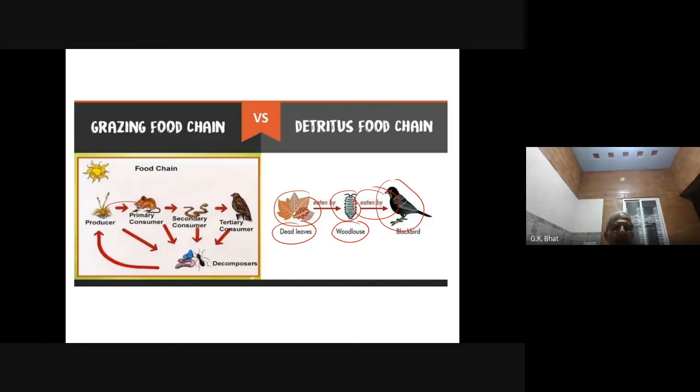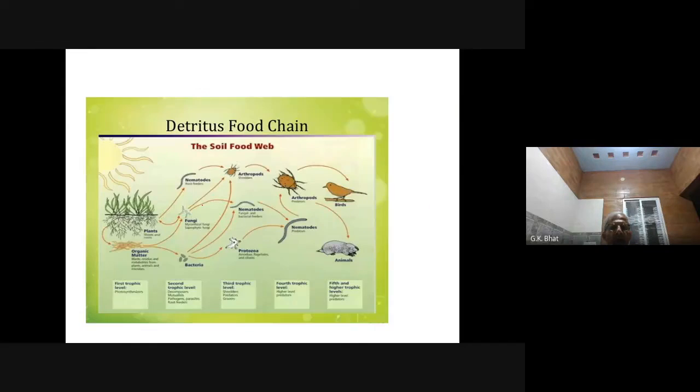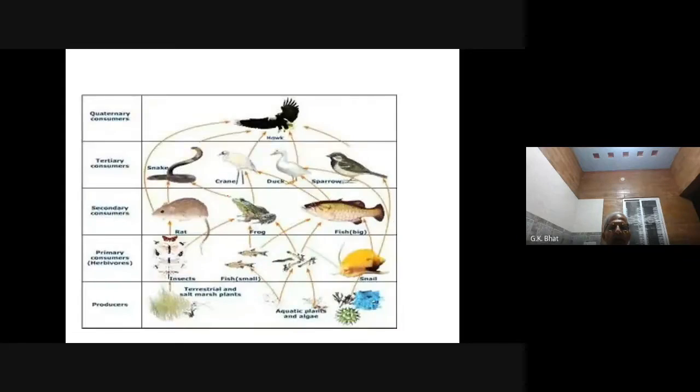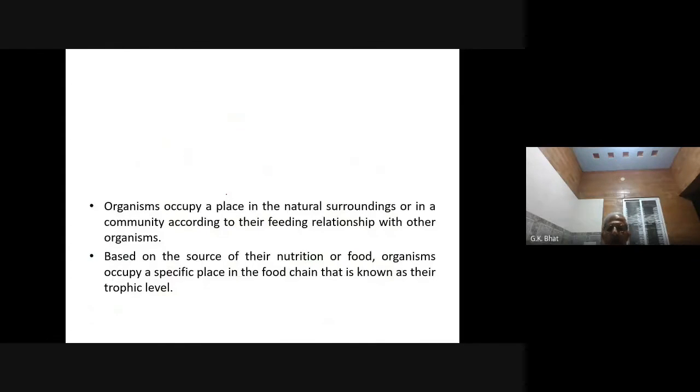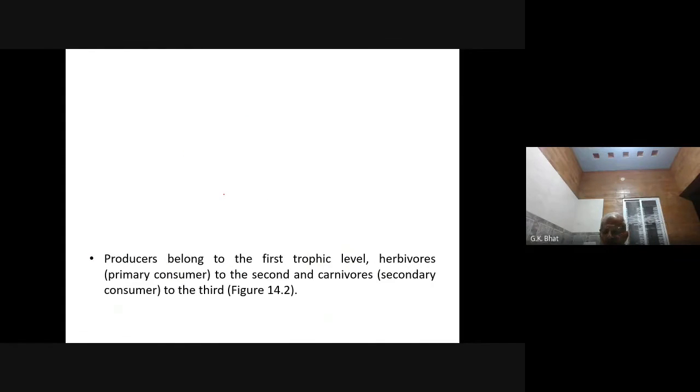Producer eaten by rat, eaten by the snake, eaten by the bird. When all these die, at each level the decomposers come into picture. So detritus food chain has a bigger role in a terrestrial ecosystem than the grazing food chain. We are going to study from here in the next class.